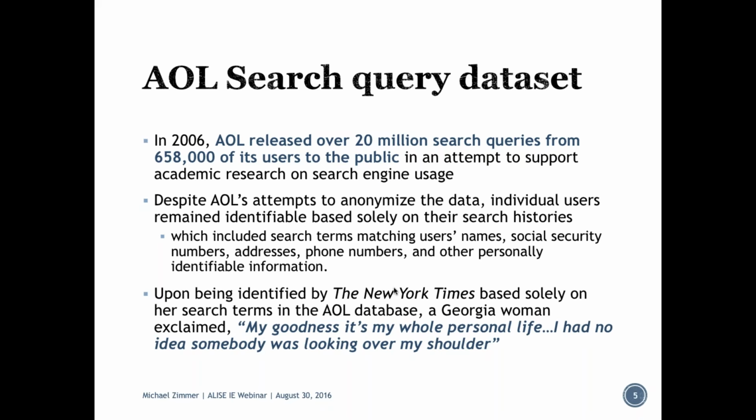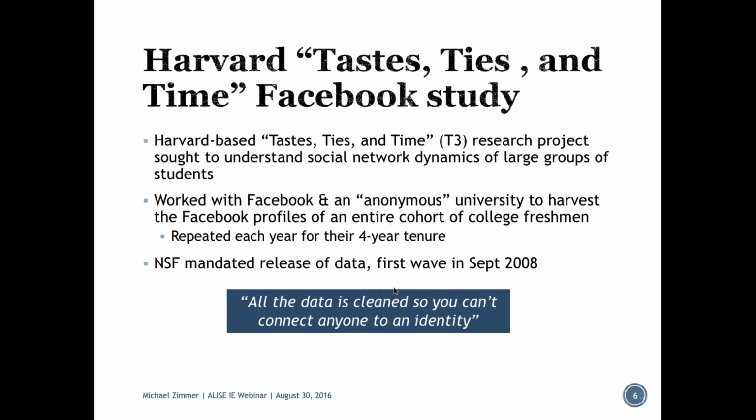It's an interesting case. Another case happened at Harvard. A set of researchers wanted to study social interactions, different ways that closed networks interact both online and offline. They decided to do this by tracking the social and physical interactions of an entire freshman class at a university and track that class over 4 different years. So they went in and scraped the data.